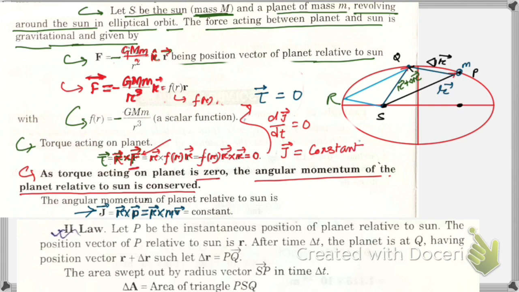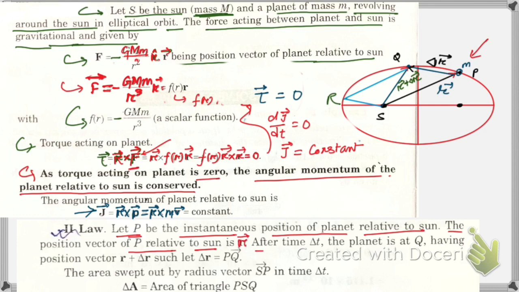Now let us consider that P be the instantaneous position of a planet. We have considered the position of a planet at an instant relative to the sun, and the position vector of P relative to the sun is given by R vector.